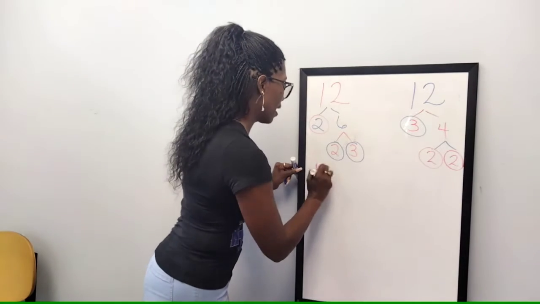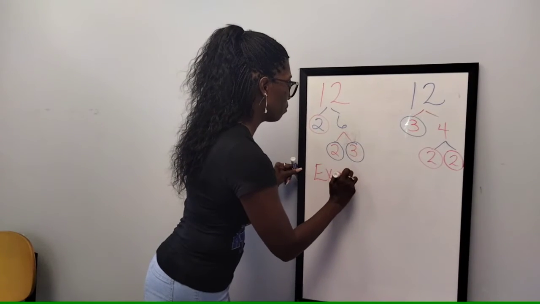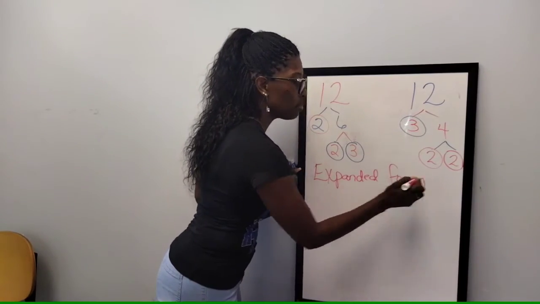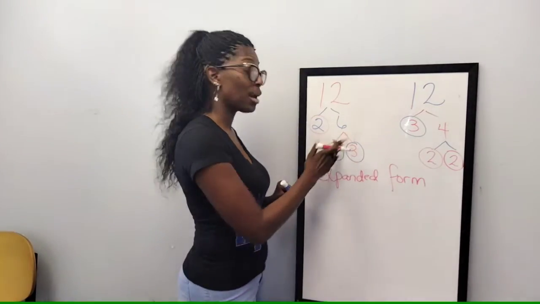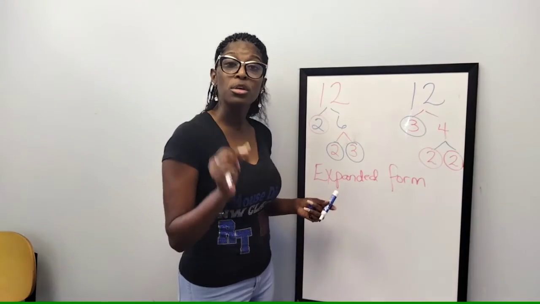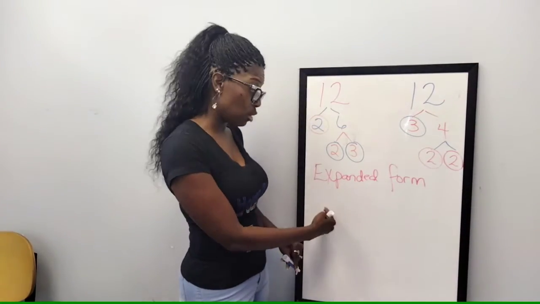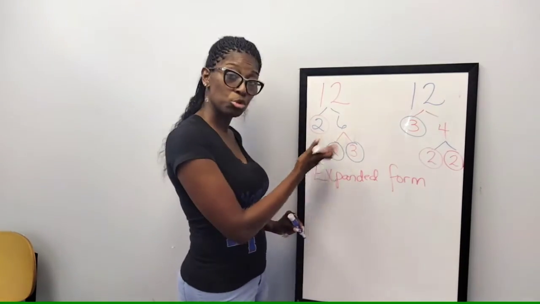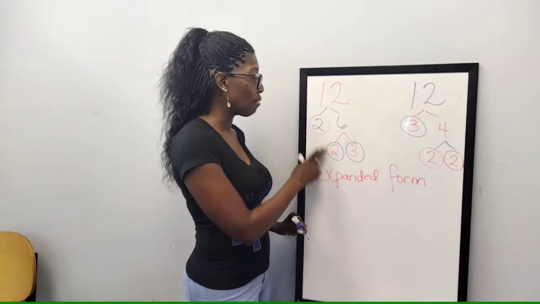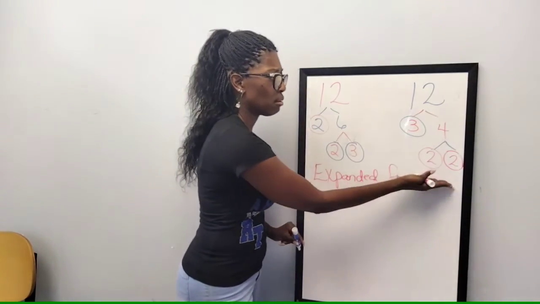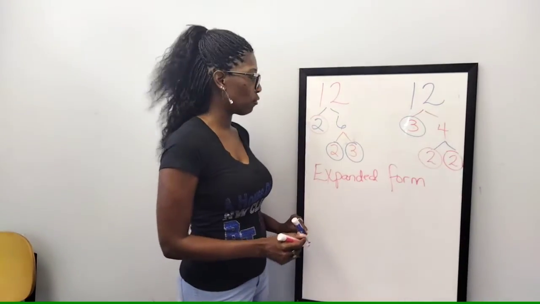You're now going to find expanded form. Expanded form is just telling you to jot down the prime numbers that are circled and give it to me in numerical order. So 2 comes before 3, so we're going to count how many 2s we see on that factor tree for 12.